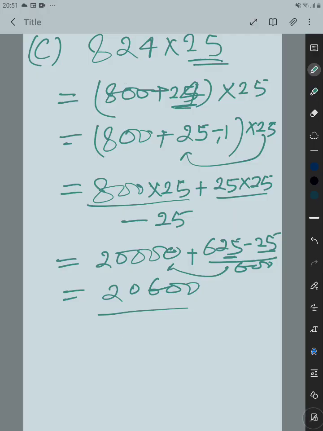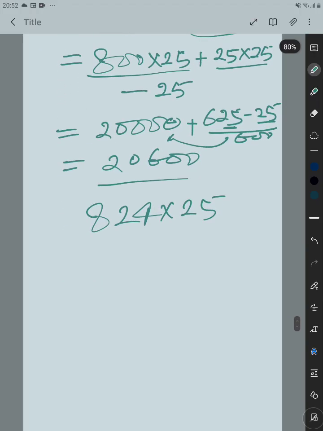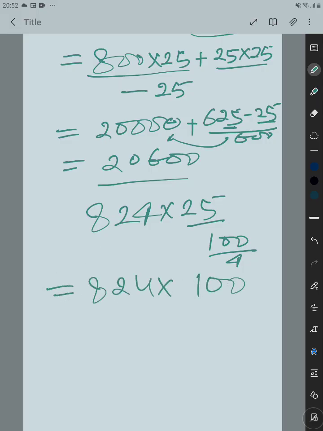So here the question is 824 multiplied by 25. We can write 25 as 100 upon 4. So here we write 100 upon 4, and 824 divided by 4, what will you get? 4 2s are 8, then 0, and 6.